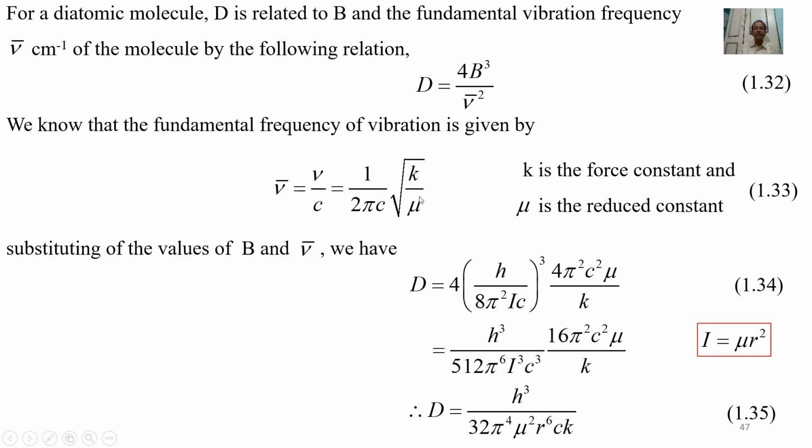So we substitute the values for B and nu bar in this expression. We have D equals 4 times, instead of B cube you substitute h divided by 8 pi squared Ic, and here 1 by nu bar squared is there, so we'll have to change that.